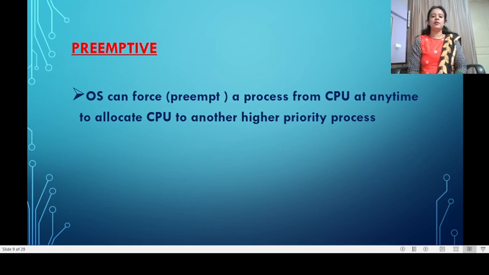In preemptive mode of scheduling, the operating system forces or preempts a process from the CPU at any time to allocate the CPU to another higher priority process.